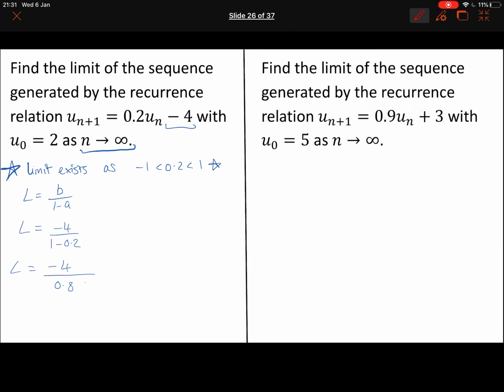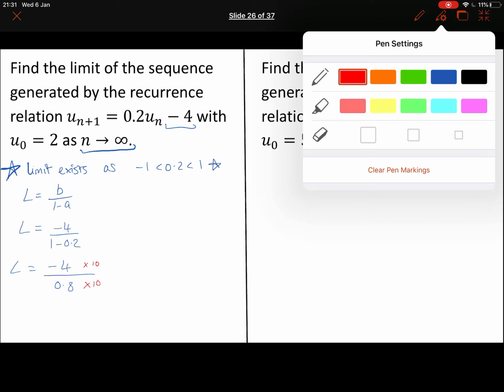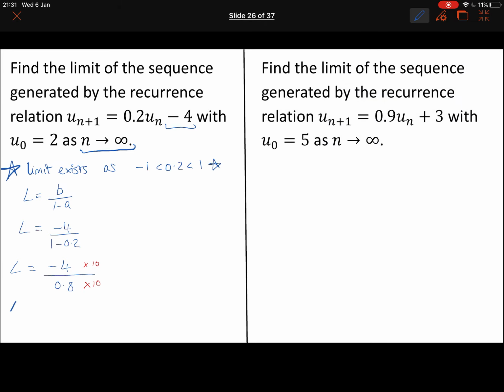So if we multiply this by 10 to get it as a whole number on the bottom, and obviously we have to multiply by 10 on the top to make it an equivalent fraction, it just makes your calculation so much easier. We end up with negative 40 divided by 8, which obviously comes out as negative 5. So the limit of that sequence is negative 5.